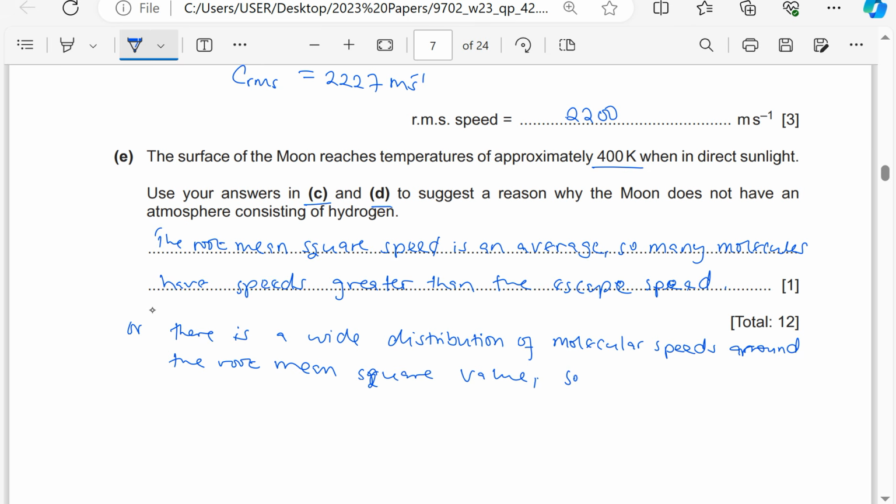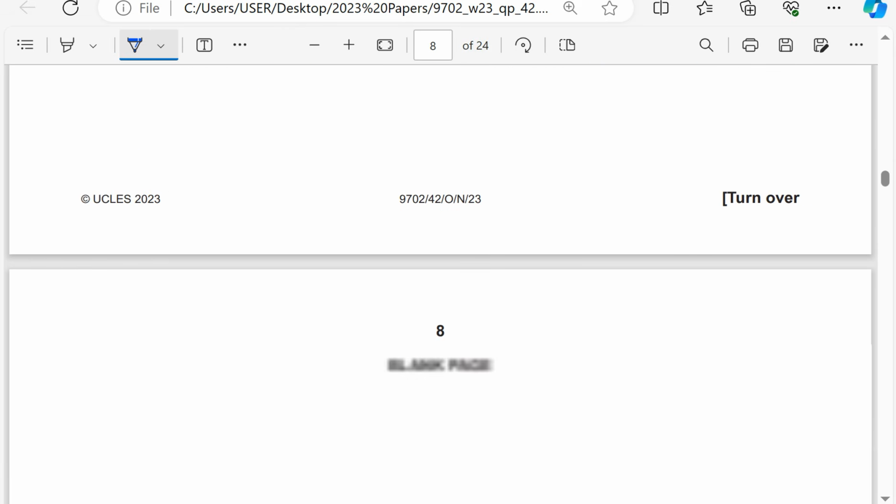And what is the implication? So many molecules have speeds greater than the escape speed. So above and below the root mean square value, there are speeds, and many molecules would have speeds above the escape speed. Okay.